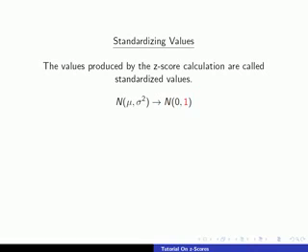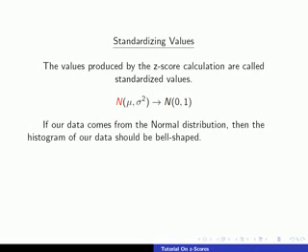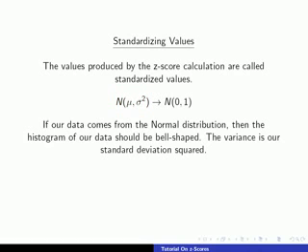So we have some more new notation here, so I'll just explain what all this means. The N here is shorthand for normally distributed data. What this means is if our data is normally distributed, a histogram of the data should be bell-shaped. This here is just shorthand to denote normally distributed data, where N is for normal, bracket mu, which is our population mean, and sigma squared represents our population variance.